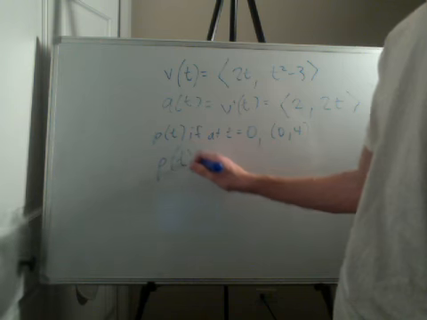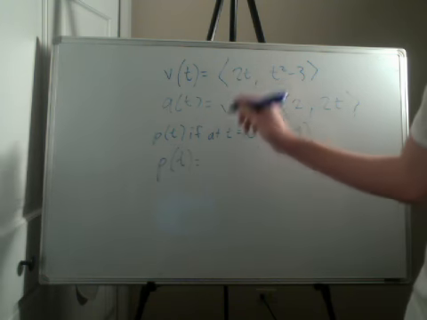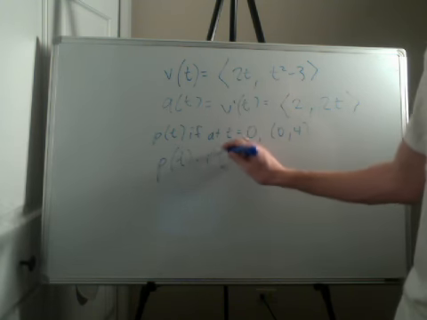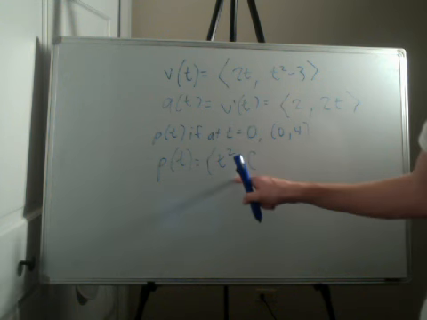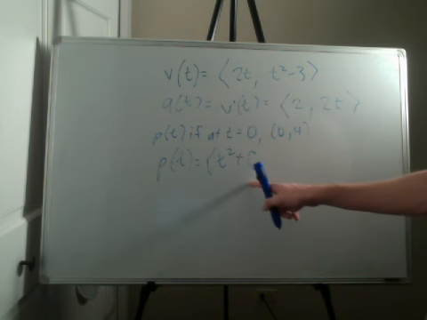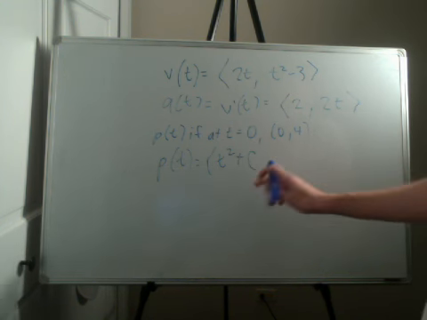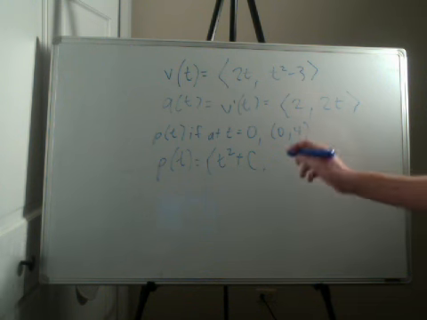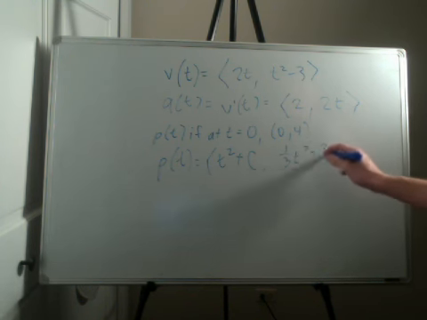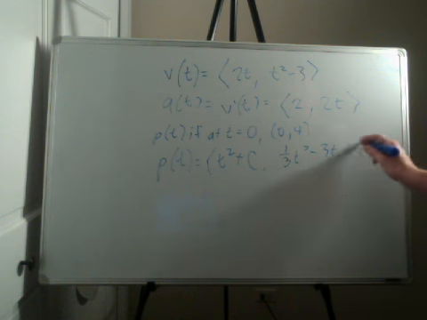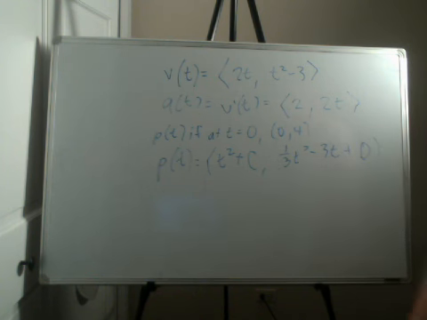So p of t equals the antiderivative of this, which would be t squared plus c, because you're doing an indefinite integral, so there's going to be a c. And then this one, which would be 1/3 t cubed minus 3t plus, and I'm going to write d, just because these are going to be different constants.